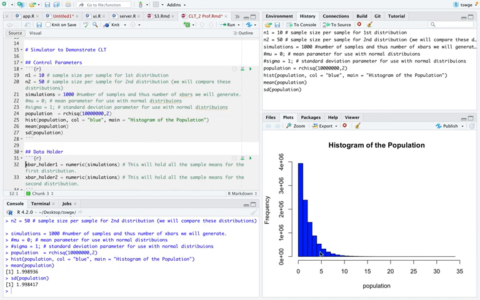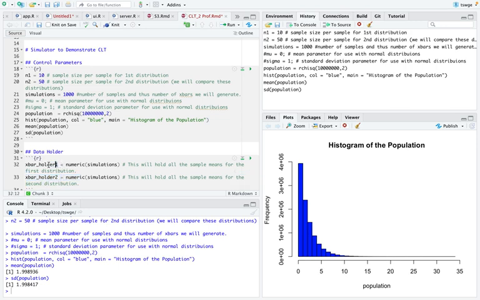So at the end of the day, I'll have 1,000 sample means, each that came from a sample of size 10. And I'm also simultaneously going to do that for a sample size of 50, right along. Each time I'll put one in x bar holder 1, which is an array, and one in x bar holder 2.